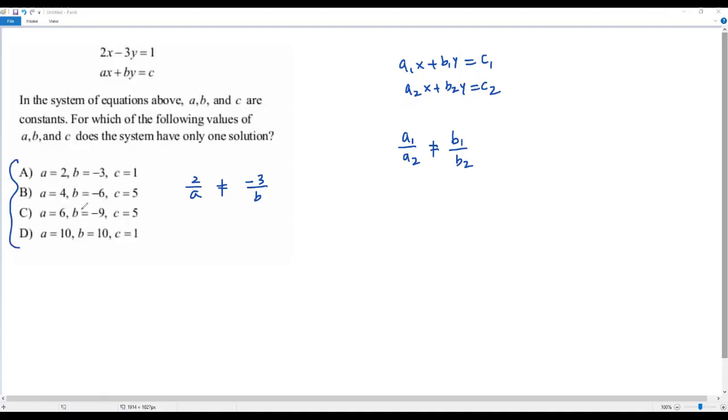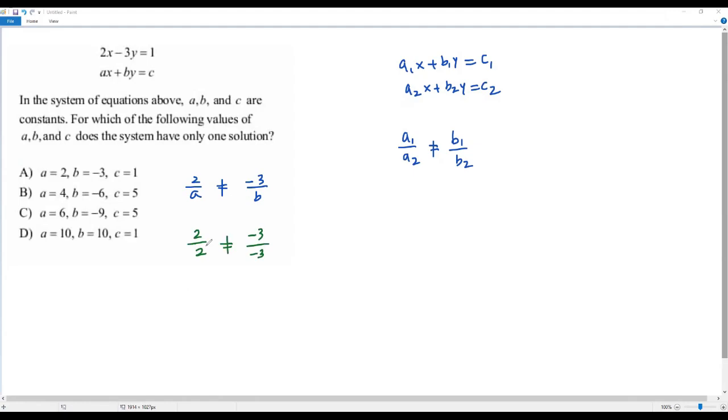I am looking for the values of a and b for which the two ratios are not equal. Let me consider the first answer choice. I have a equals 2 and b equals negative 3. When I plug in a equals 2, I get 2 over 2, and here negative 3 over negative 3.